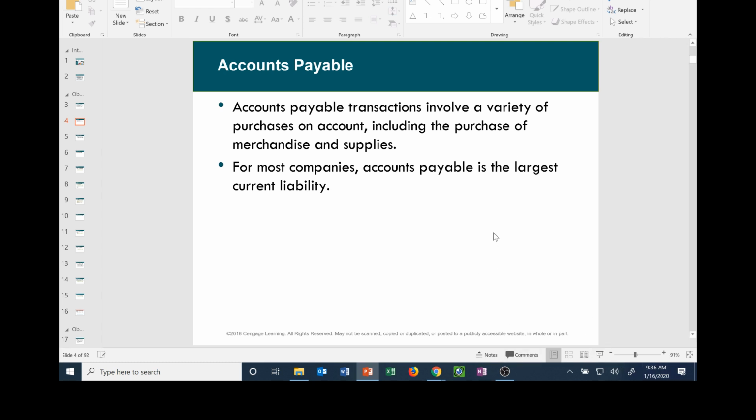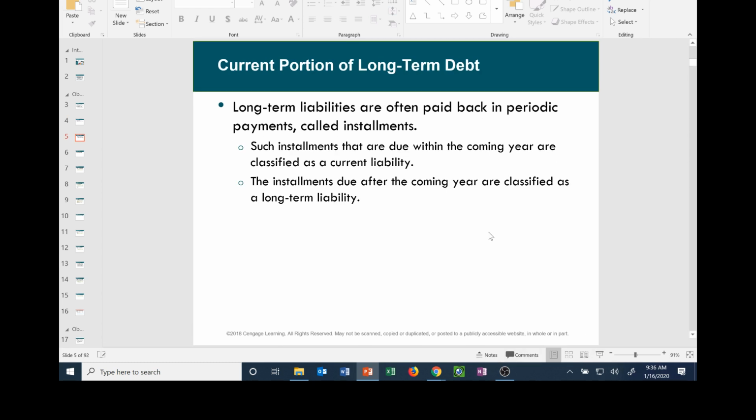For most companies, accounts payable is the largest current liability. Long-term liabilities are called installment. Your car payments are probably an installment loan. Your mortgage payments, if you have a house, are pretty much installment payments.